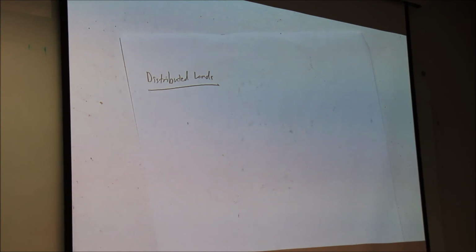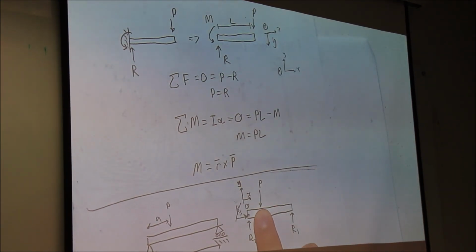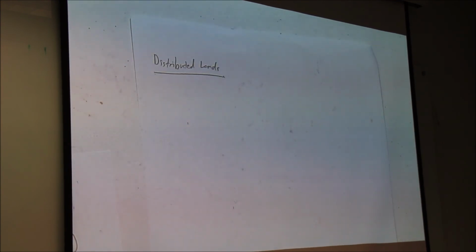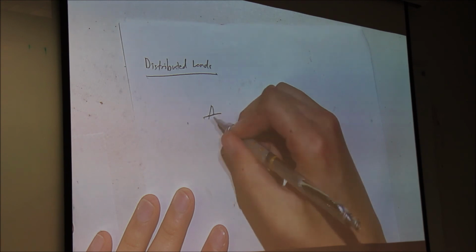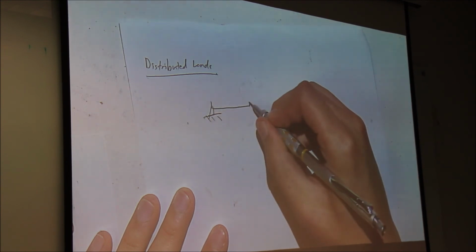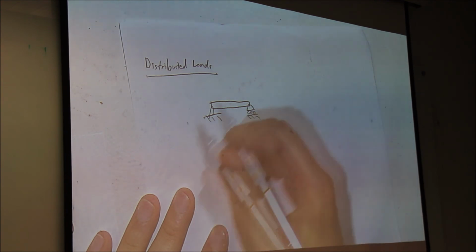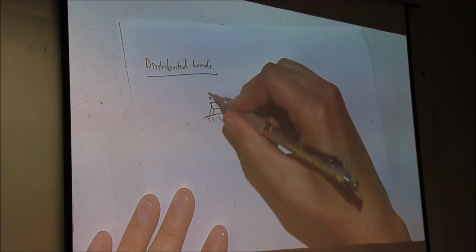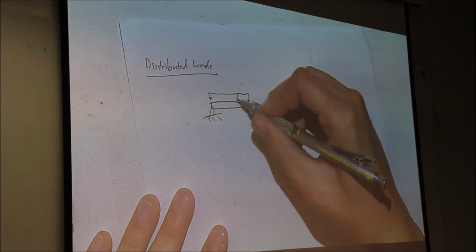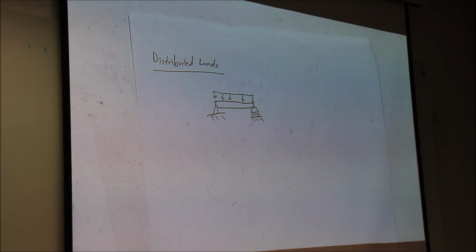Before I was showing you point loads, a load applied to a single point. But let's say we apply a load like this, where we're applying a load over the entire length of the part.